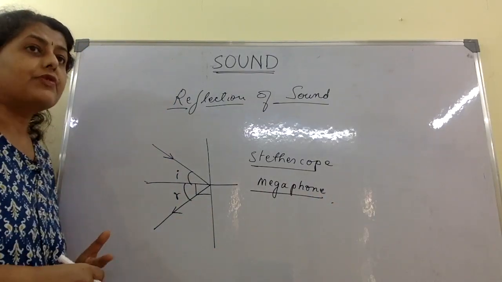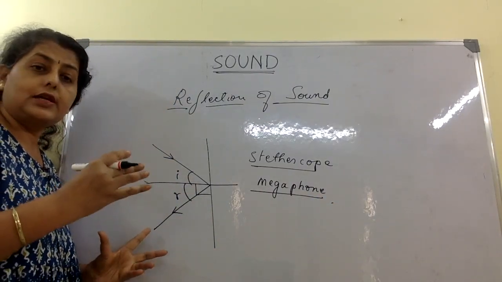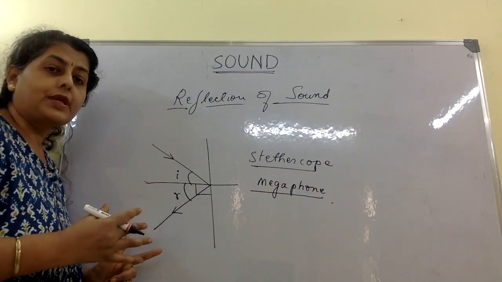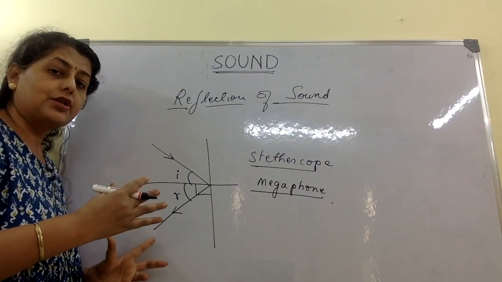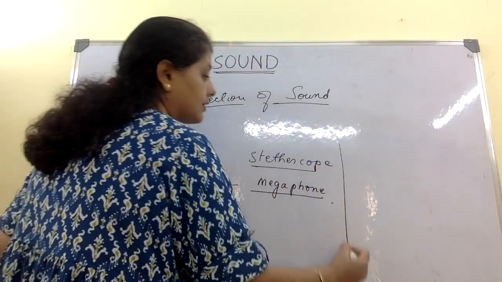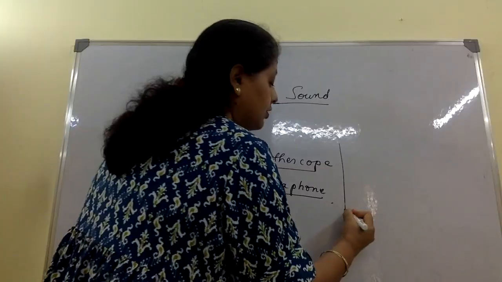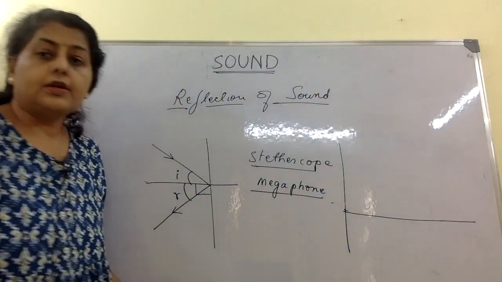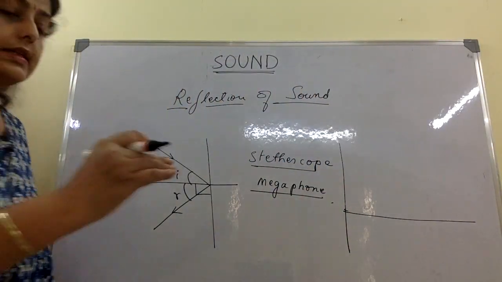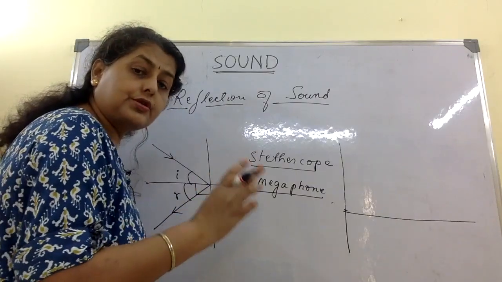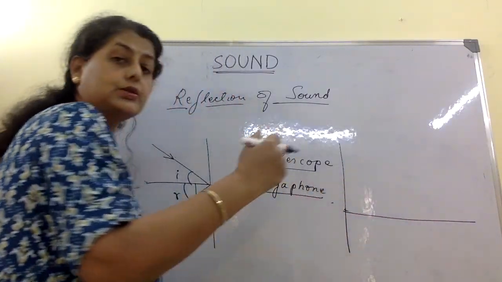Now when sound is produced in an auditorium, supposing here the actors are, whatever is happening on stage, the stage is here and the audience is seated here. In that case, the sound should reach the last person also clearly.